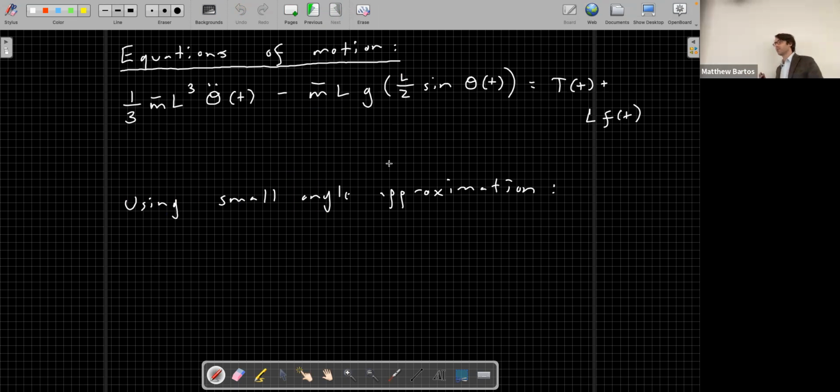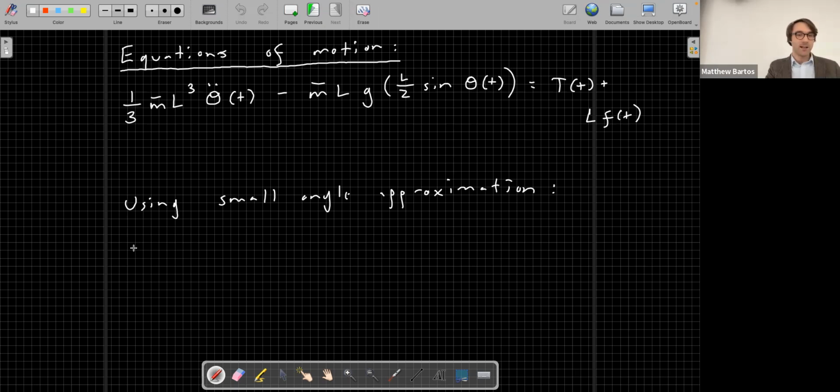So we reasoned that if we're only interested in keeping the scooter upright, such that the angle shouldn't deviate too much from 0, we can use the small angle approximation, and we can write a linearized form of the system like so.